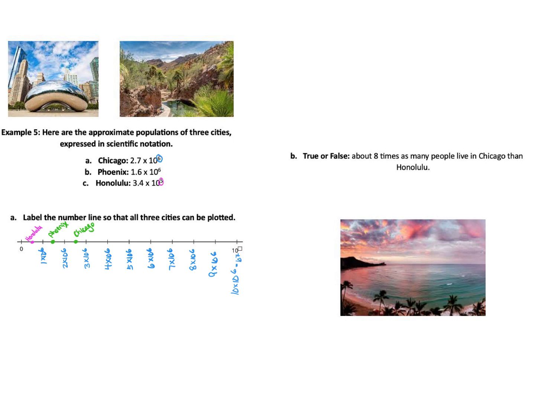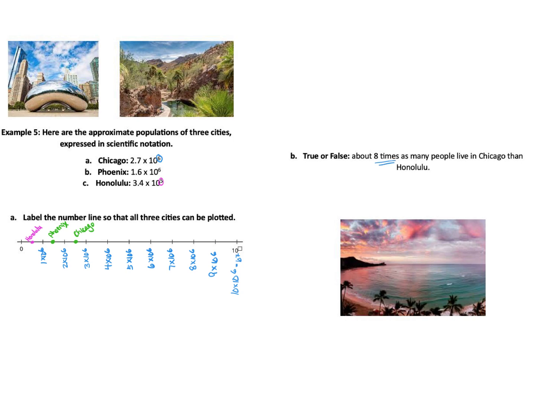So if we look at B, we're looking at our number line, and it says true or false. About 8 times as many people live in Chicago than Honolulu. 8 times more. Let's think about that. How do we go ahead and figure that out? So it's asking 8 times more.